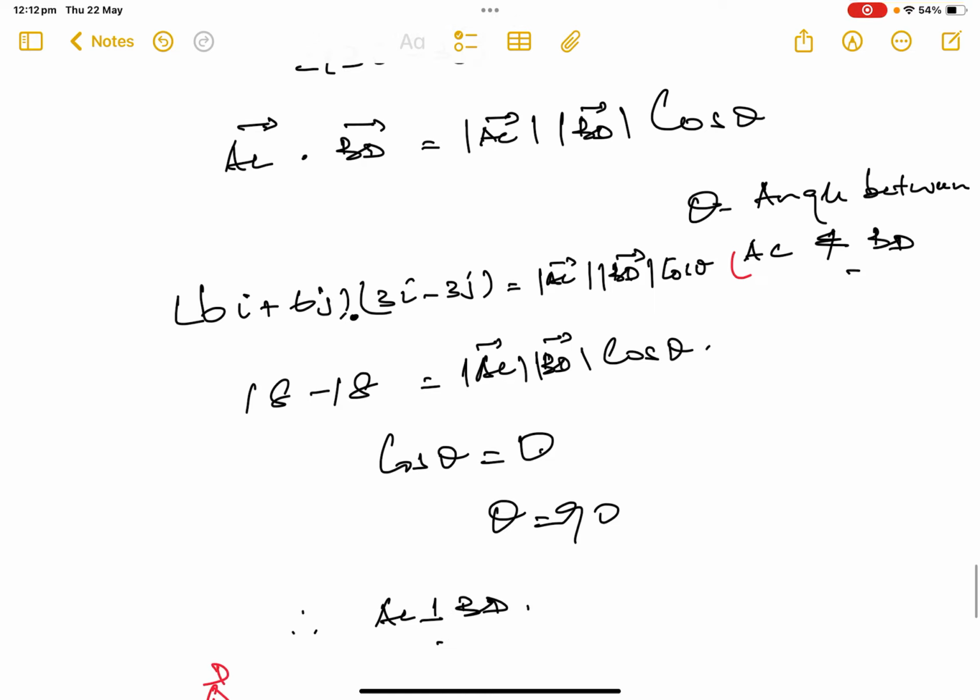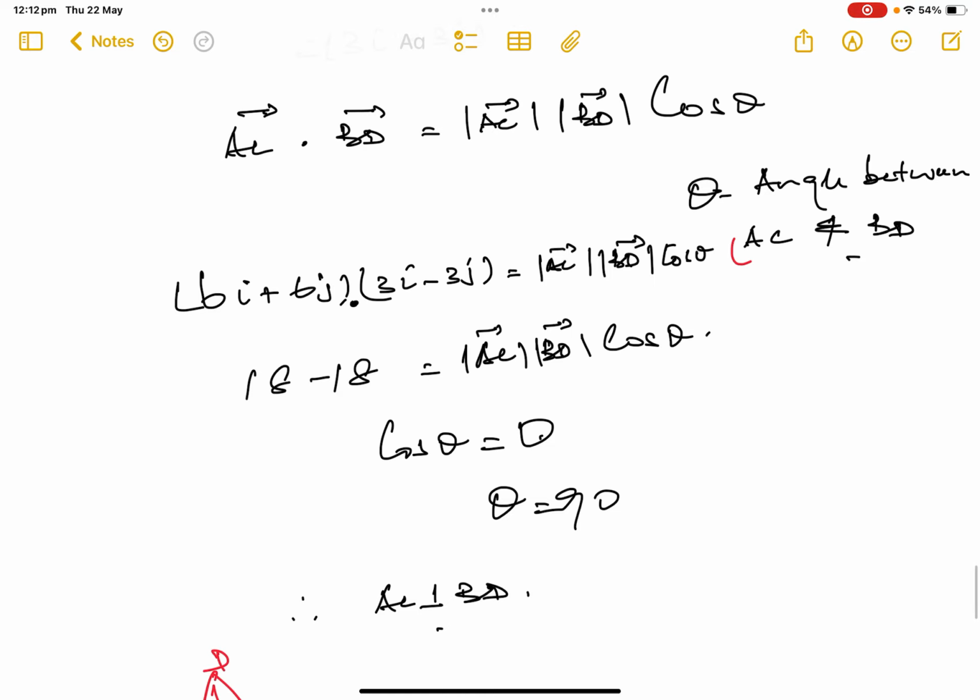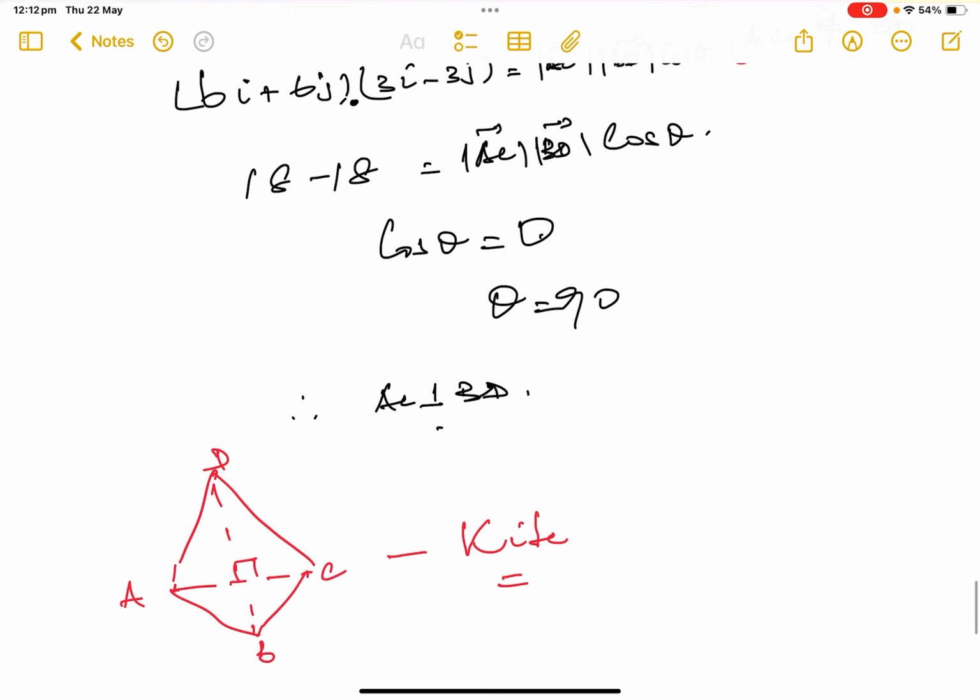So 18 minus 18 is 0. Regardless of the moduli, cos theta equals 0, so theta equals 90 degrees. That means AC is perpendicular to BD.